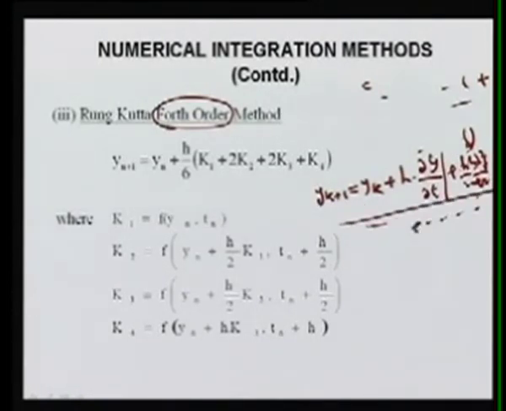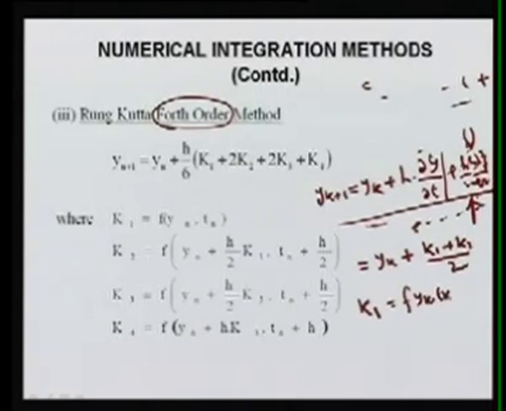If we take the second order, then it is known as the second order Runge-Kutta method, and we can write this as y_k plus (k1 plus k2) divided by 2, where k1 in this case is nothing but f(y_k, t_k) into h, and k2 is f(y_k plus k1, t_k plus h) into h.